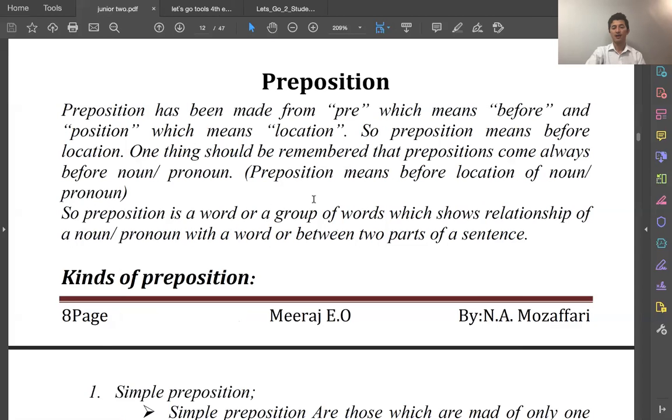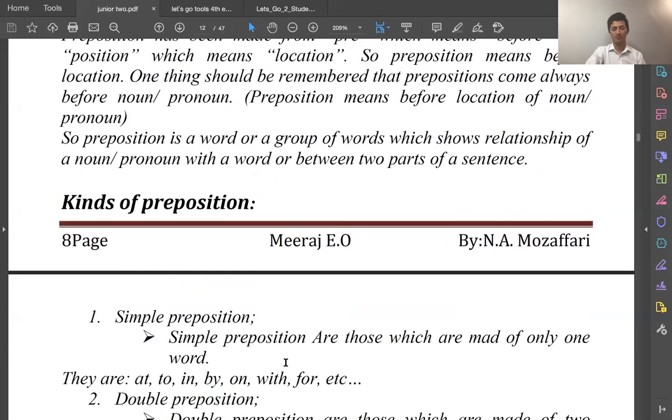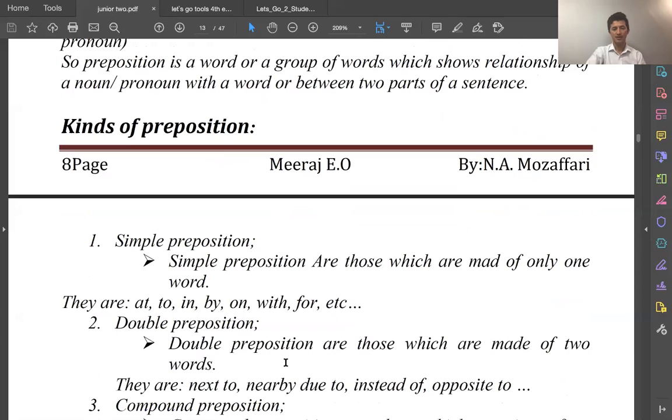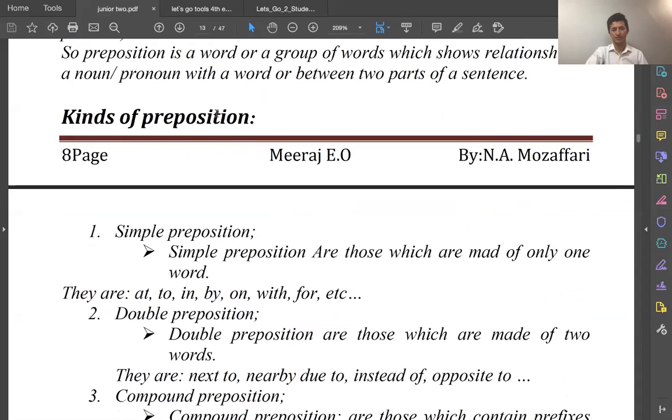Okay, so now let's get back to the book and see the different types of prepositions. We will read and study all types of prepositions, and every single preposition will be defined for you and explained with different examples.